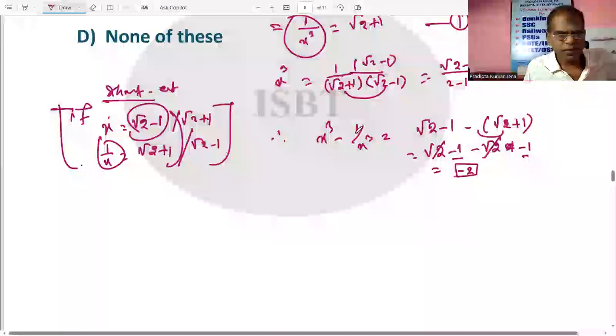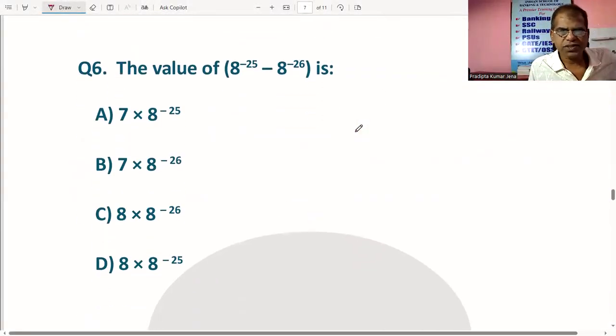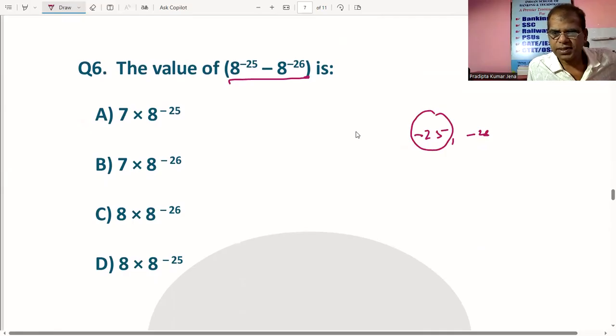Okay, thank you. Then come to question number 6. Very easy question but tricky. What is the value of 8 to the power minus 25 minus 8 to the power minus 26? Okay, minus 25 is greater than minus 26.